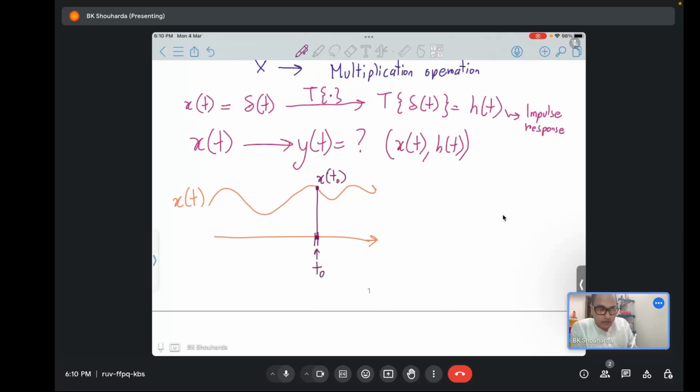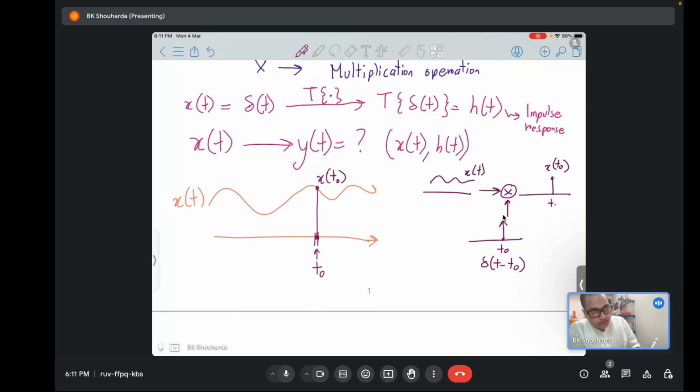How can I capture this sample? If I take this signal x of t and multiply it with an impulse located at t naught, denoted by delta of t minus t naught, I get an impulse which has a value of x of t naught at the location t naught.